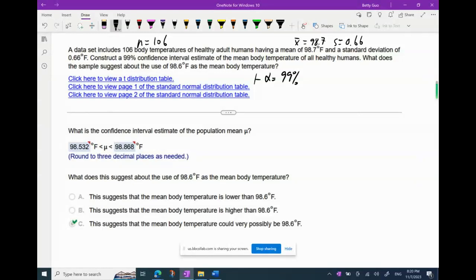Wow, this is about the mean. So T interval, remember that? Yeah. Let's go to stat and the tests. We're going to do a T interval estimate, number 8.